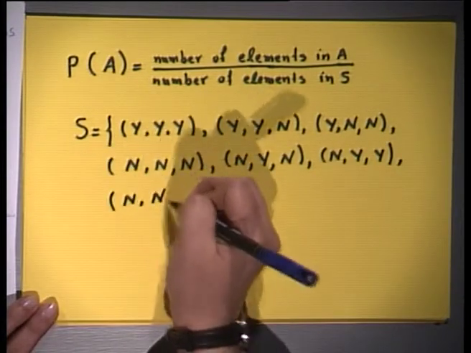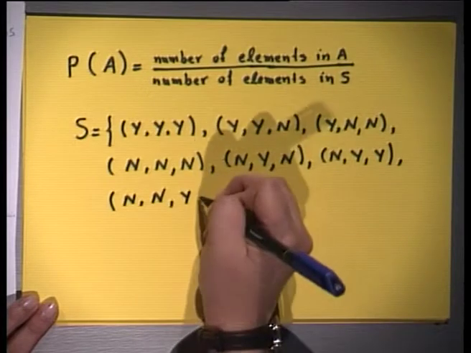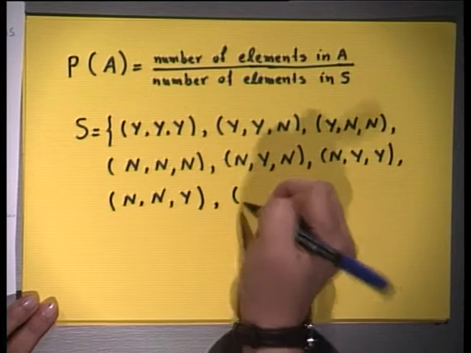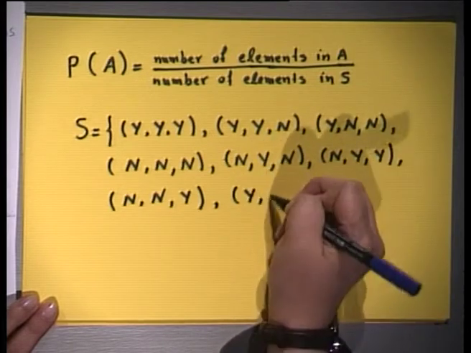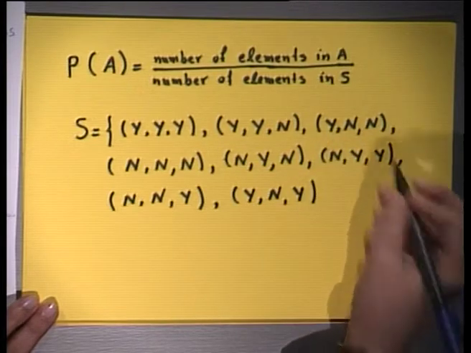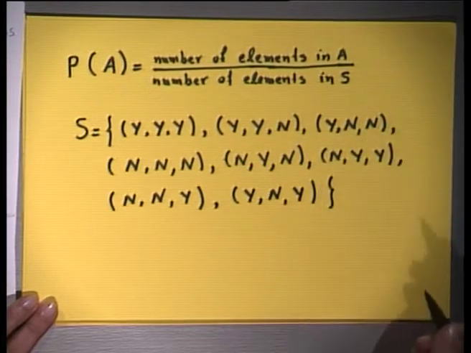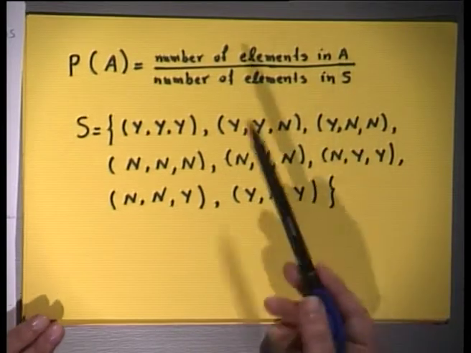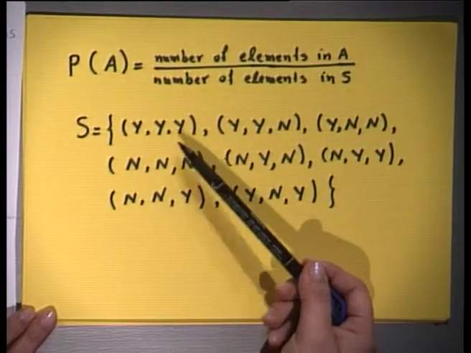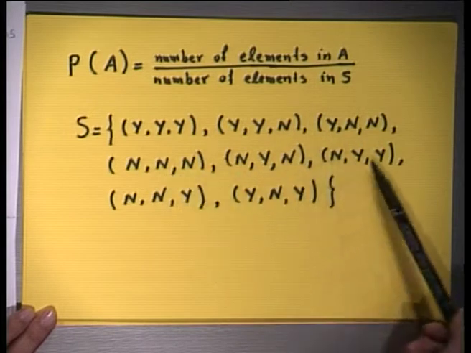The third only working, and the first and the third working. If we count the elements in S, we see that there are 1, 2, 3, 4, 5, 6, 7, 8 elements.